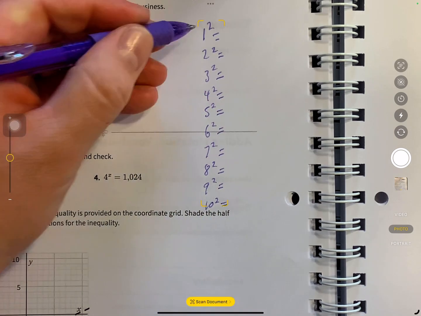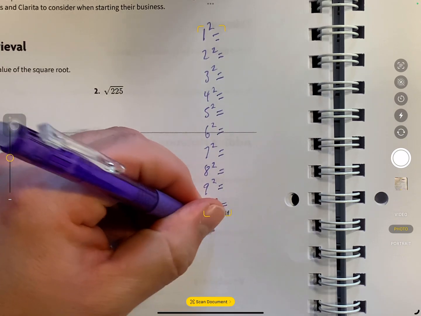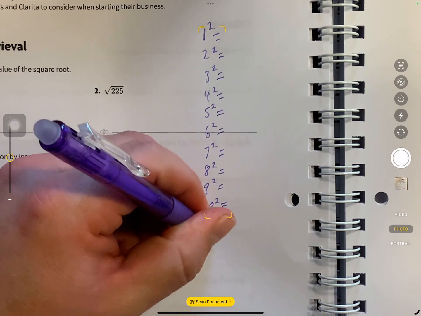These are squareds, right? 1 squared, 2 squared, 3 squared. We'll go all the way up to 15.